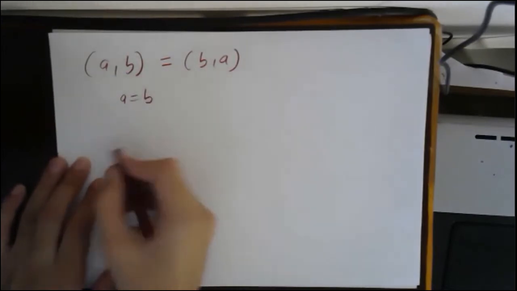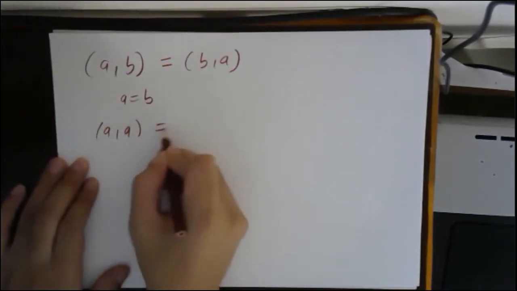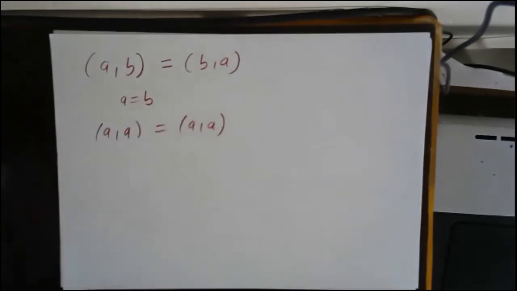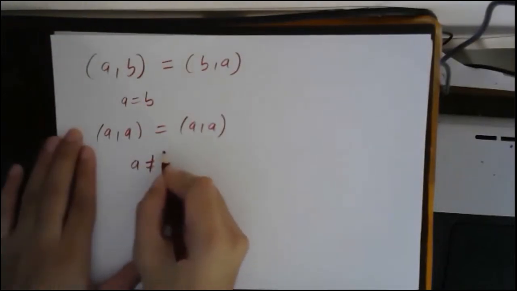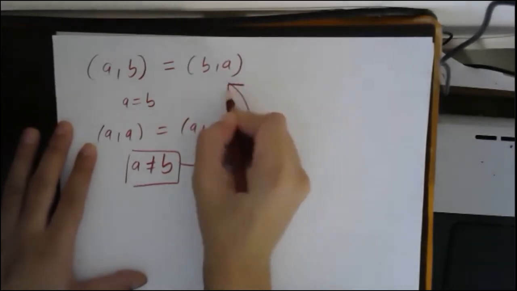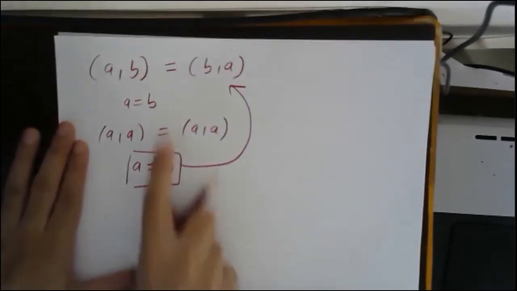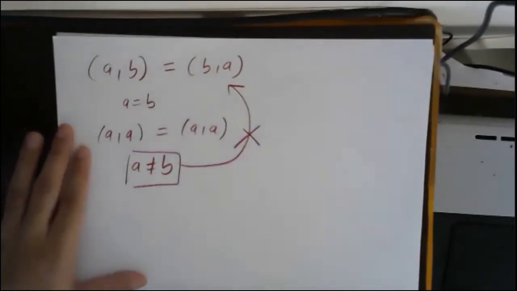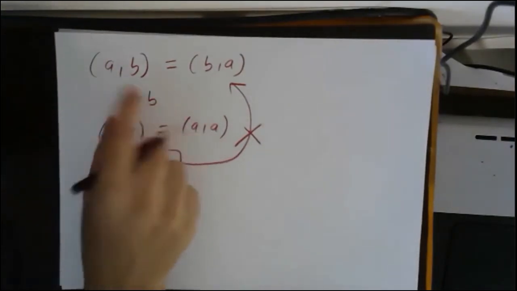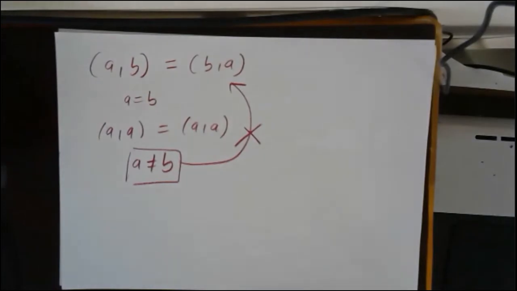That means this is something like a comma a equals a comma a, if I substitute b equals a. Everybody understood? If a is not equal to b, then can this happen? No, this is not possible. Only if a is equal to b is it true.